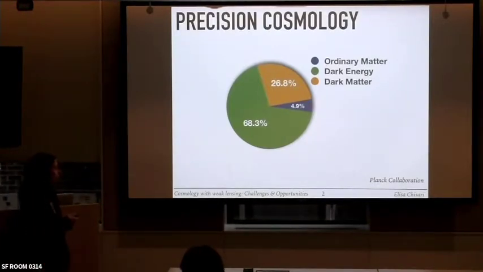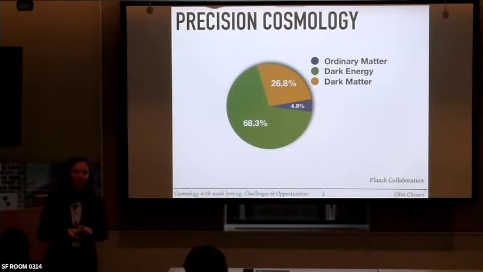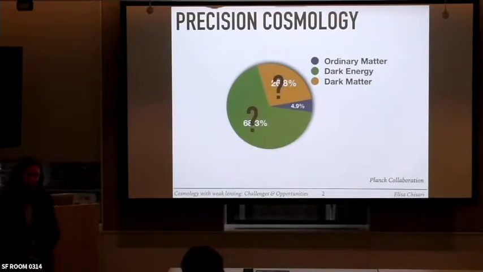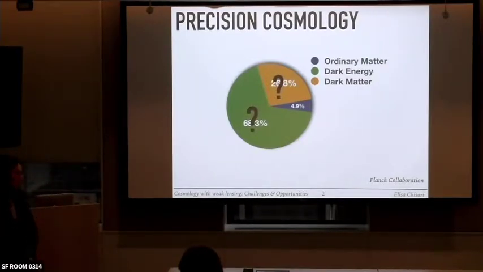So 27% of the universe we think is dark matter, and 68% is in the form of dark energy, which is the force that is driving the accelerated expansion of the universe. But what these components are, we're not so sure, and to elucidate their nature, we're going to need further experiments.